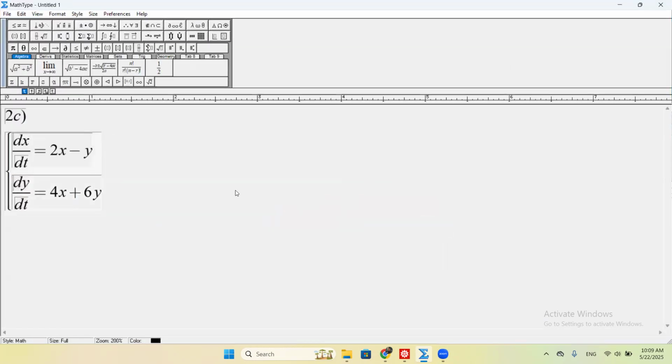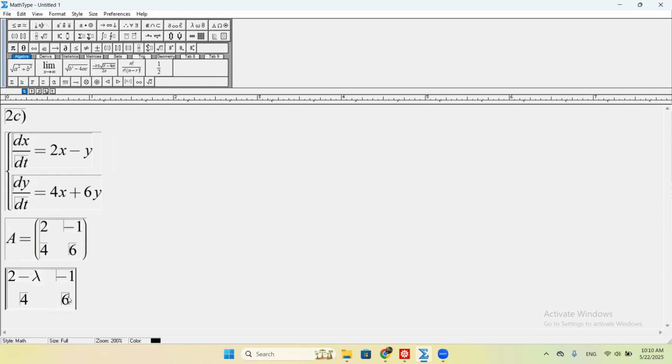So again, writing down the matrix. A equals [2, -1; 4, 6]. Writing down the characteristic equation, which we will not solve now step by step.